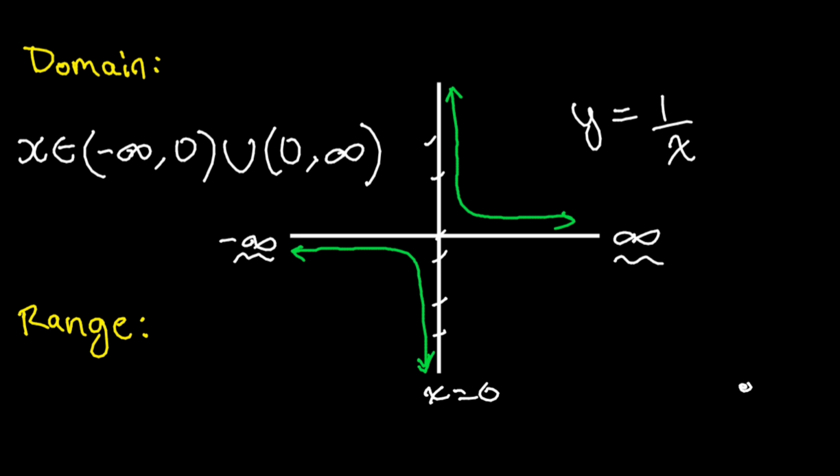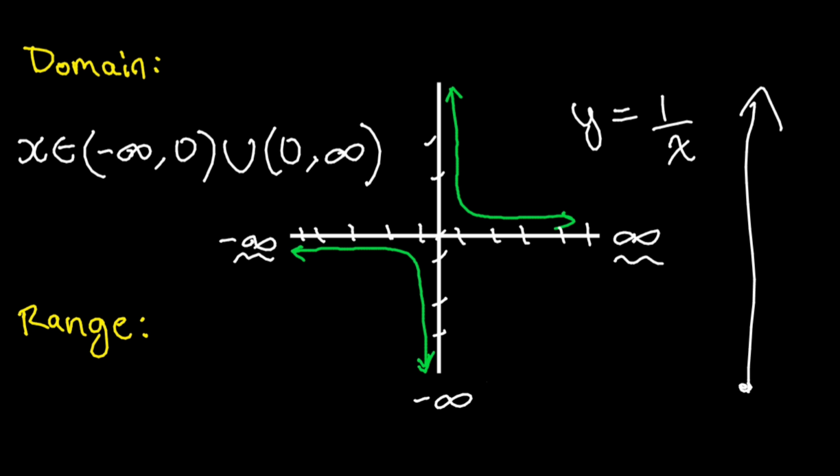And for the range now, so from bottom to top, we see that y comes from negative infinity down here because of this arrow, and it goes to 0, but never actually equals 0.